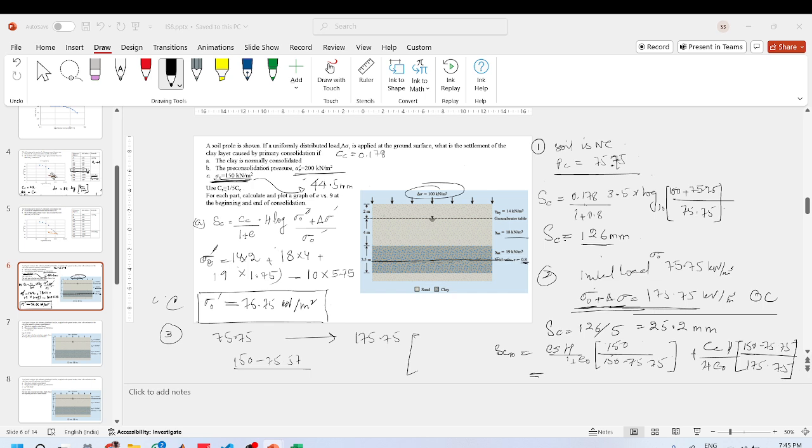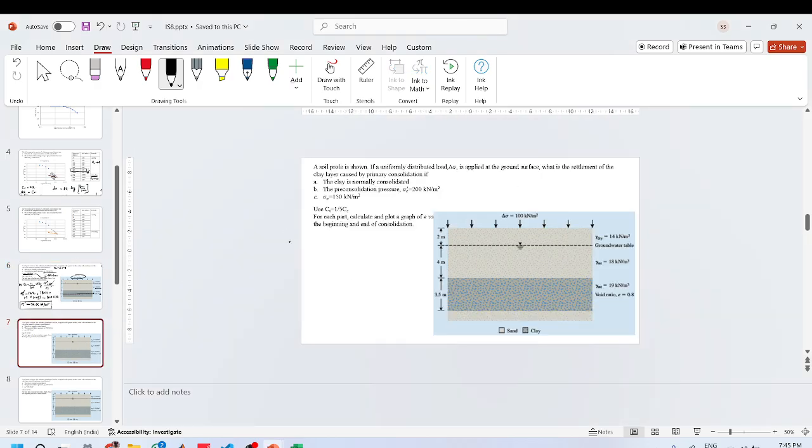For each part, calculate and plot a graph of E versus sigma at the beginning and end consolidation. So what we have been given, we calculated the delta H, delta H, delta H. This was 126, this was 44, this was 25.